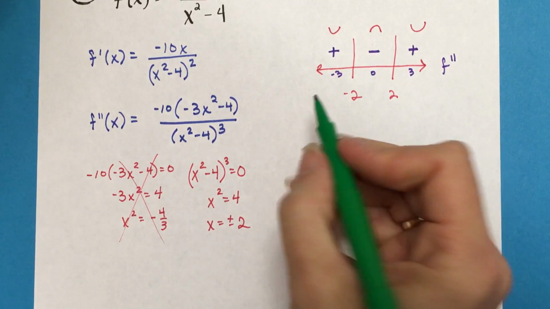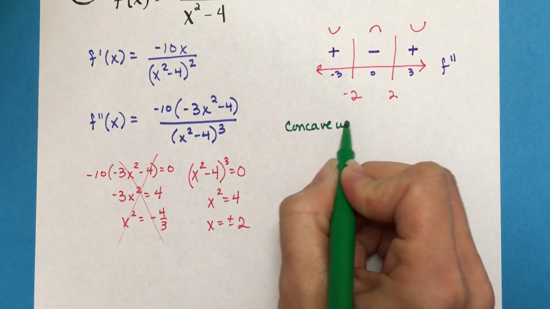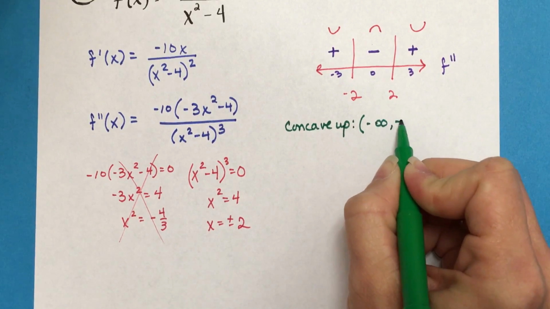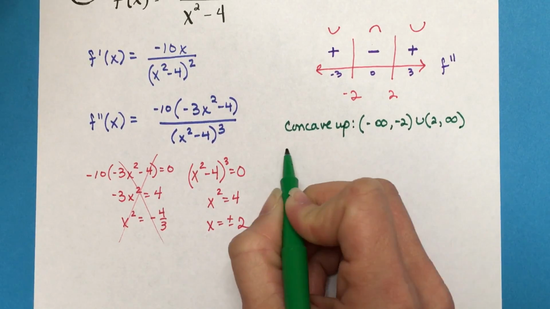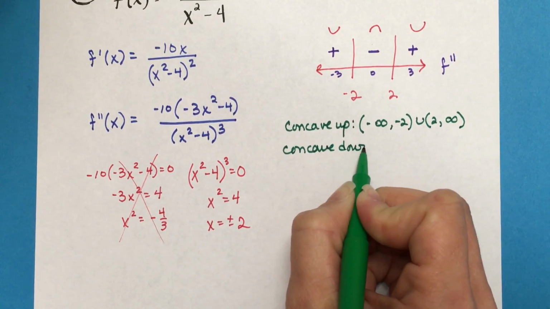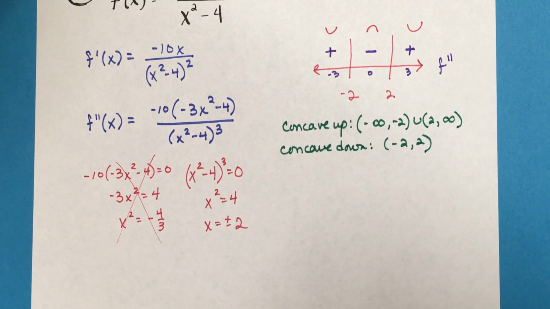Okay, so let's write those intervals. Concave up would be negative infinity to negative 2, and then from 2 to infinity. And concave down would be negative 2 to positive 2.